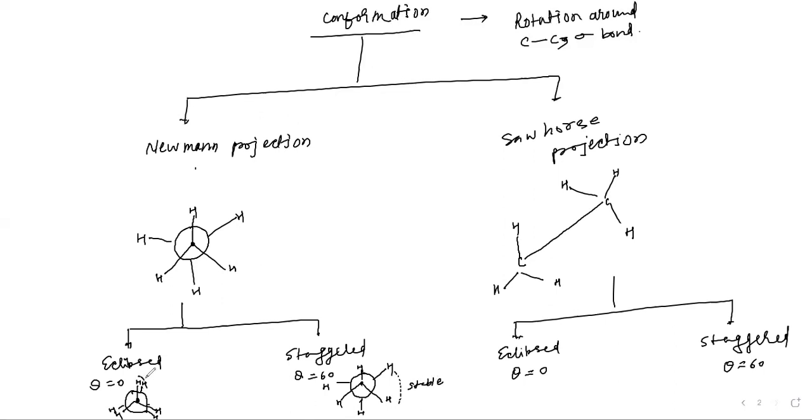Here is unstable, very close. Close means unstable. So eclipsed form is unstable. Staggered form is stable. Similarly, if you are making eclipsed of carbon and carbon, this is the hydrogen, here is the hydrogen, and the other carbon's hydrogen, they are close.